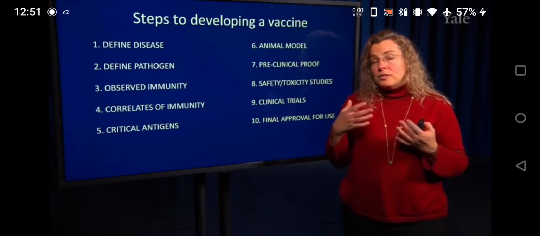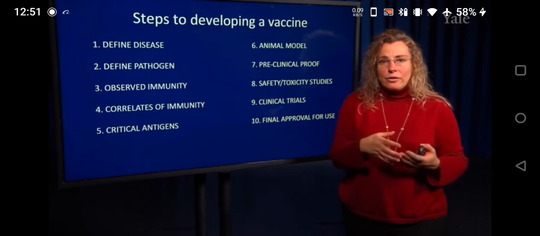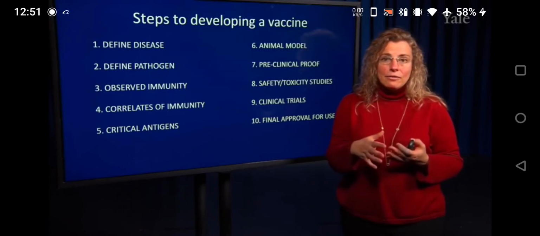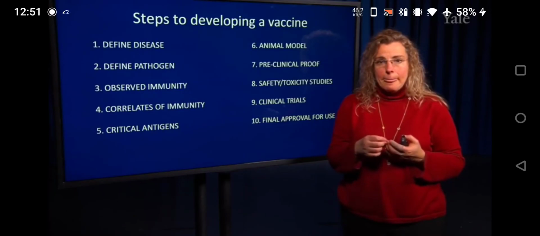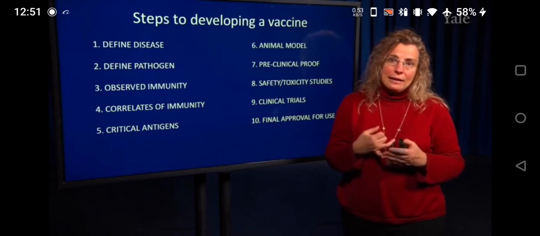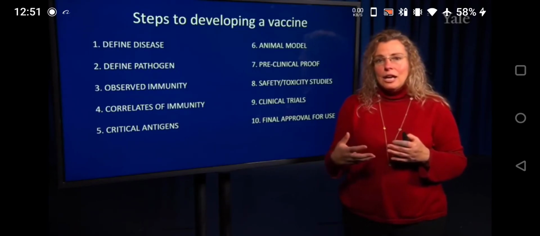So our most successful vaccines so far have been against pathogens for which we very clearly develop a protective memory response. If you get smallpox once and survive, you do not get it again. If you get chickenpox once, you do not get it again.